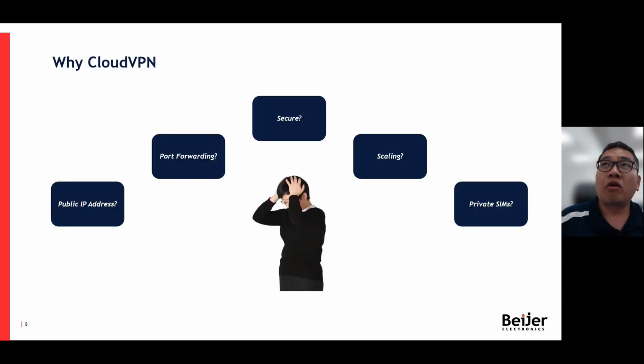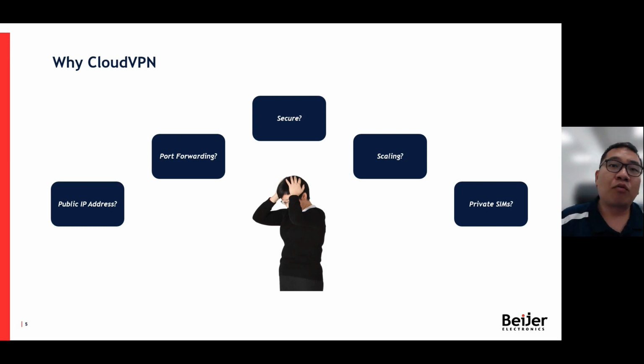The very first thing that we always need to have when creating a VPN connection in the past is to ensure the existing site, or the SIM card that we have to use, or somewhere along the chain, a server requires a public IP address. Next, we might need to configure port forwarding if we were using public IP addresses on certain locations as well.